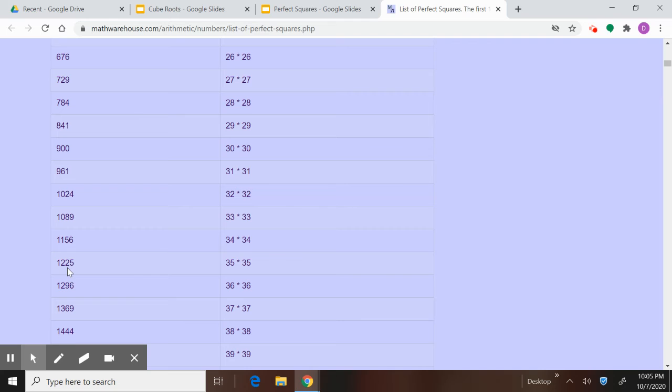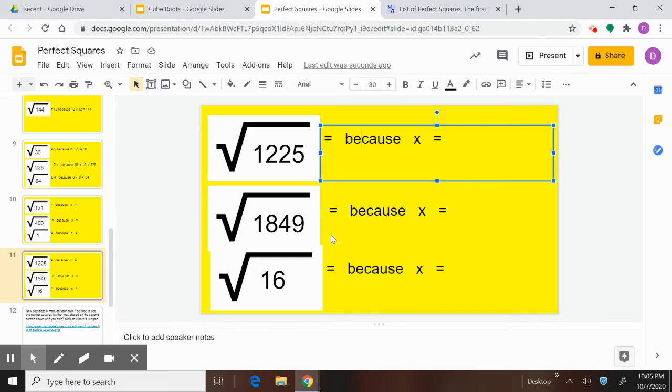So the square root of 1,225 is 35 because 35 times 35 equals 1,225. All right, so that is how you will do this activity.